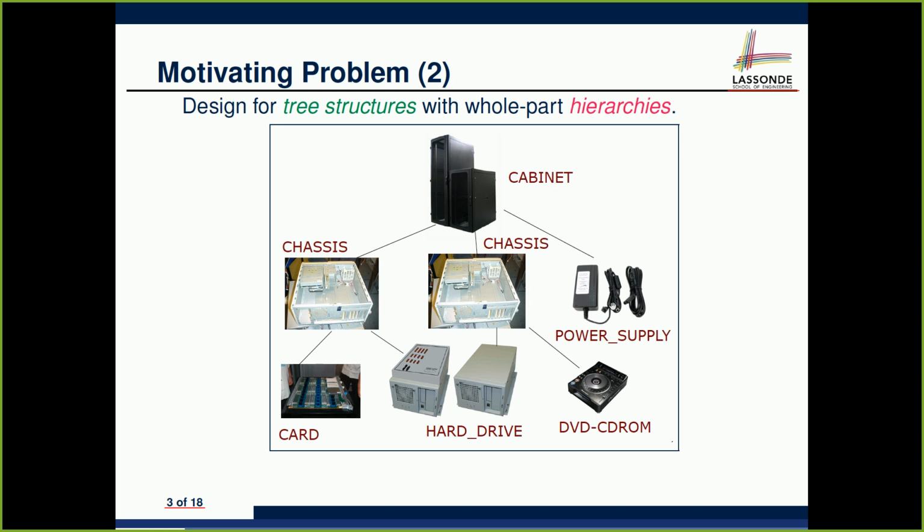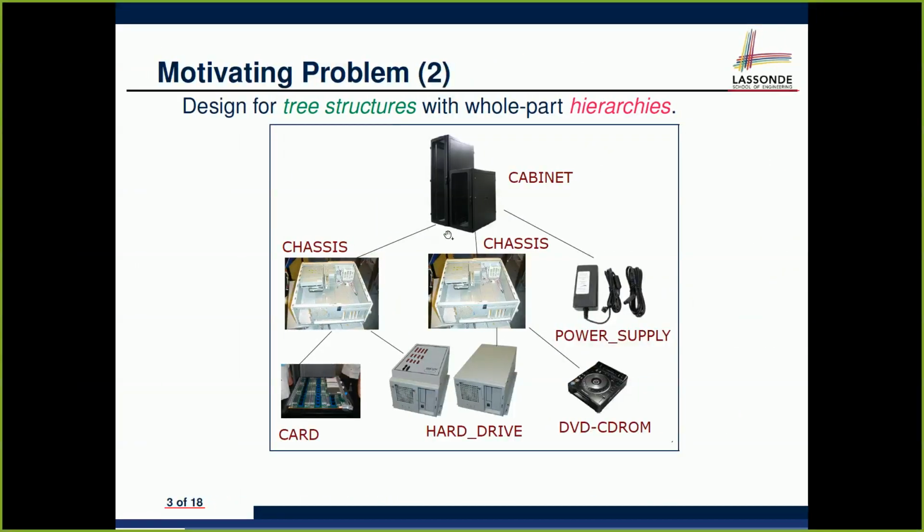We want to support a system which can be built by subsystems, and the subsystem eventually can get to the leaves over here, which means you have no further branches. In which case, you can think about power supply, DVD, CD-ROM. They are like leaves over here, and then for the more recursive case, like a chassis and also cabinets, they are like internal nodes in your 2011 terminology, right?